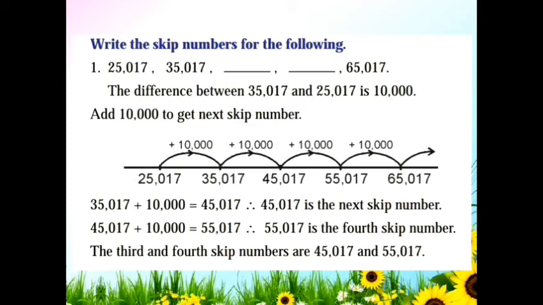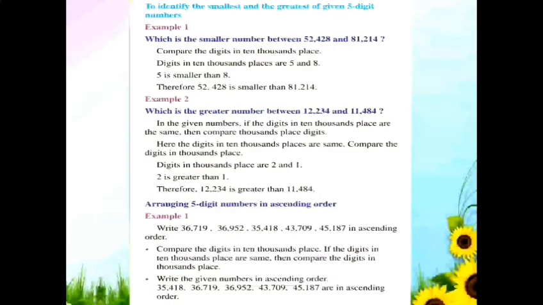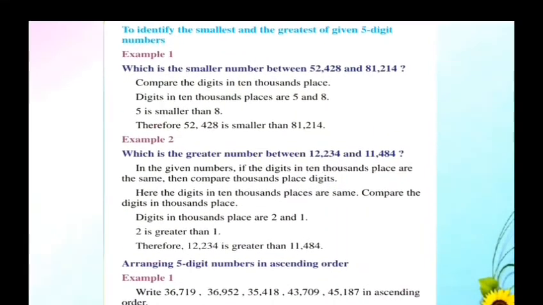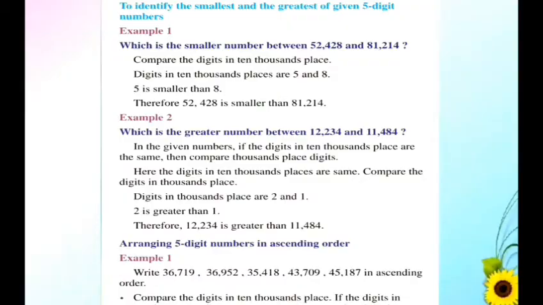See, children, how to identify the smallest and the greatest of given 5-digit numbers. For example, which is the smaller number between 52,428 and 81,214? Here we compare the digits in the 10,000s place.